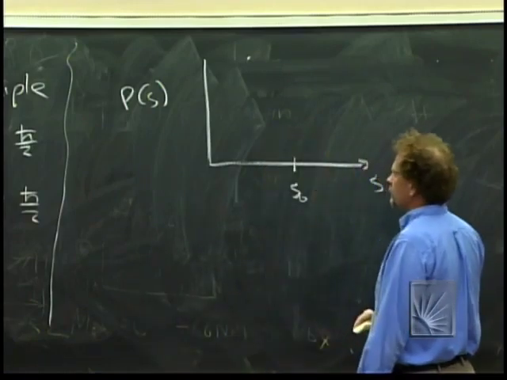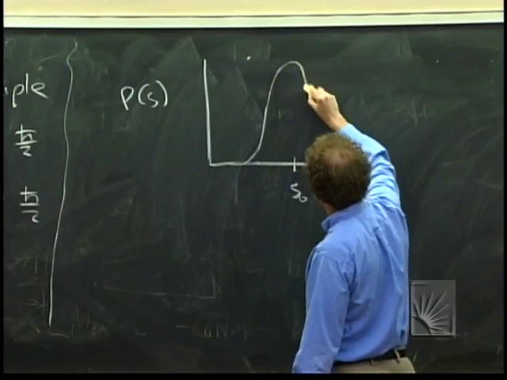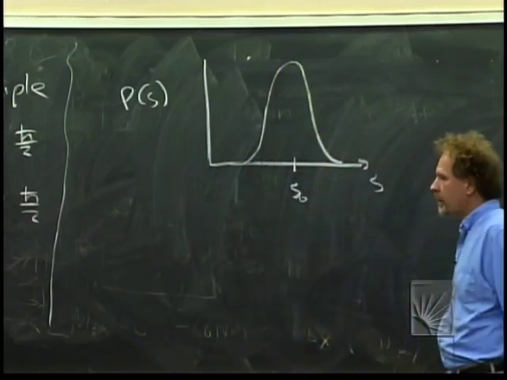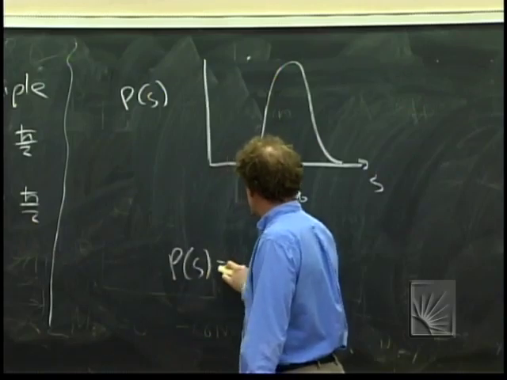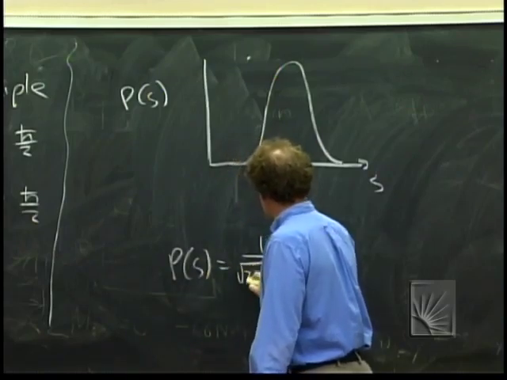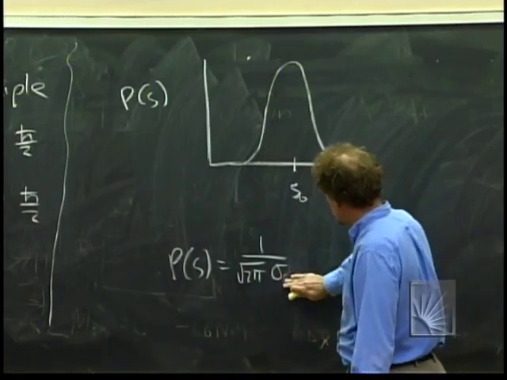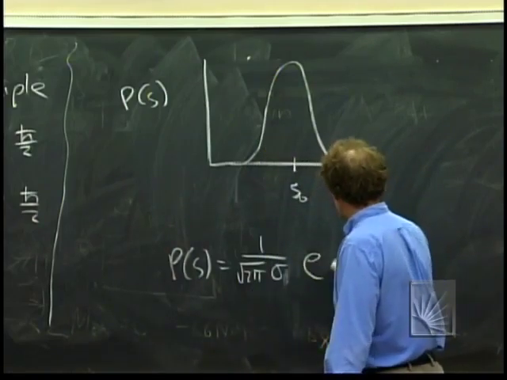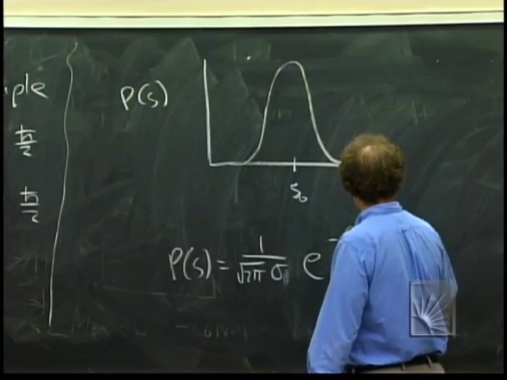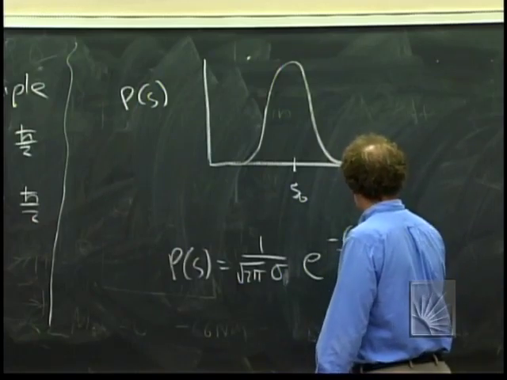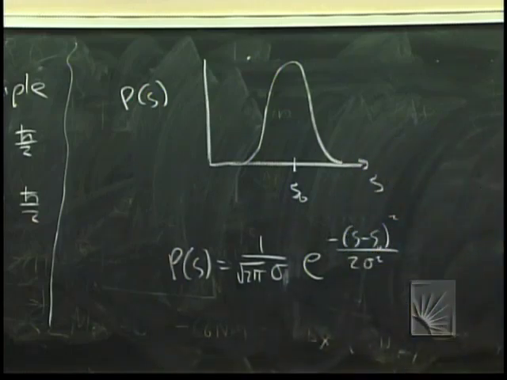There's some typical score, S0, and it has this famous bell-shaped curve. All right? Mathematically, there's some normalization out front, and it has that form, and this is called a Gaussian.